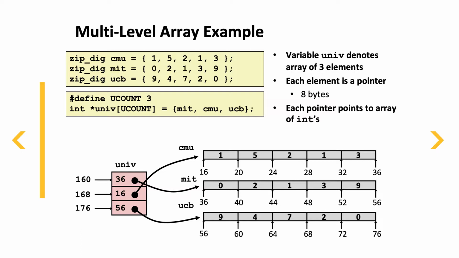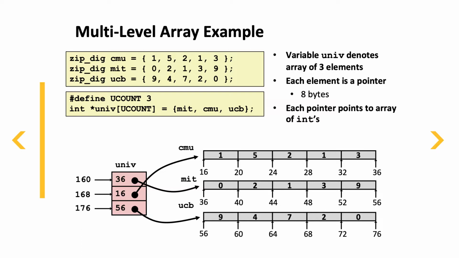Let's take a look where we've declared a variable called univ, for university, and it denotes an array of 3 elements. And those elements are going to be those CMU, MIT, and UCB zip code arrays that we created earlier in the video. Now, each element in the univ array is a pointer.